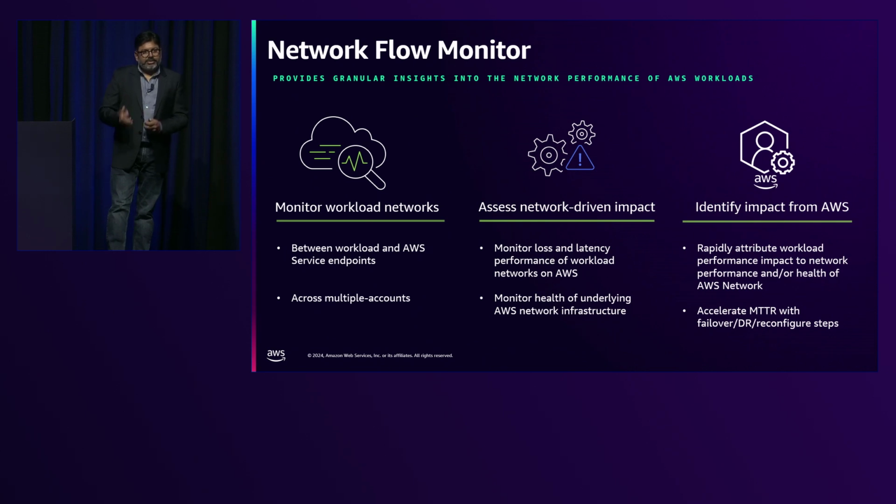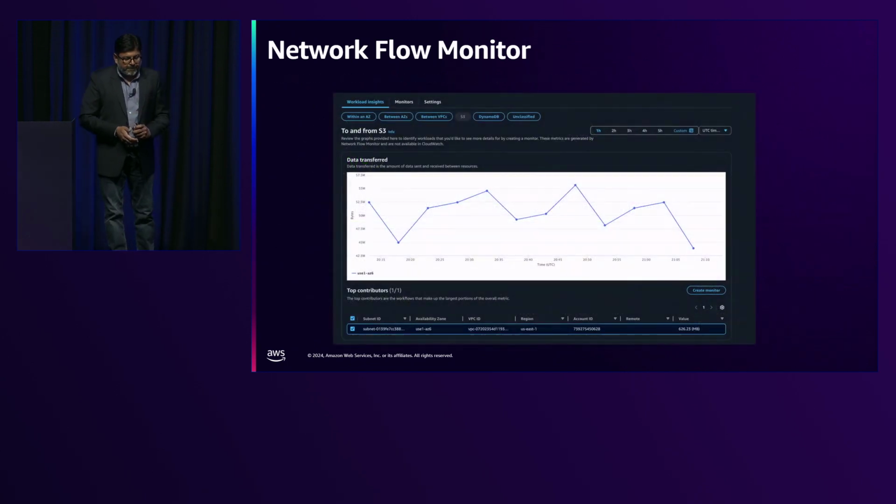The data is then sent into Flow Monitor, which analyzes the data and tells you what the top contributors are that are impacting the performance of your application. It's ideal for both network engineers as well as developers, and it provides actionable insights right in your CloudWatch. Okay, so like I mentioned, you install a lightweight agent on your EC2 instances.